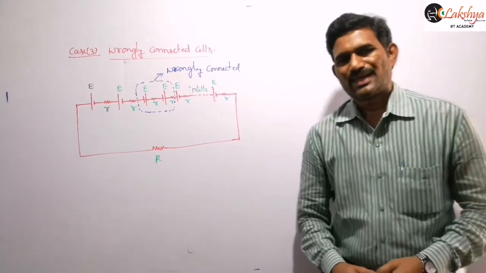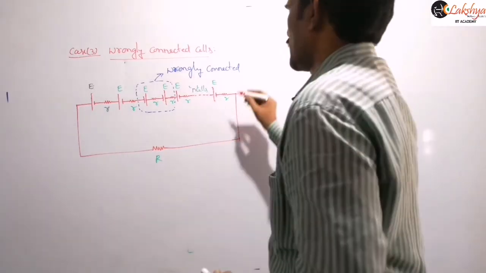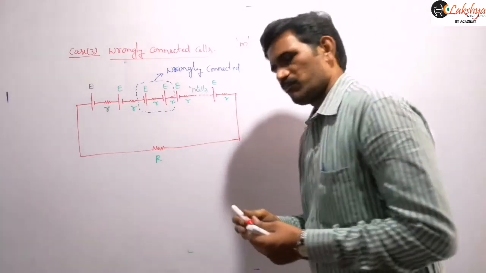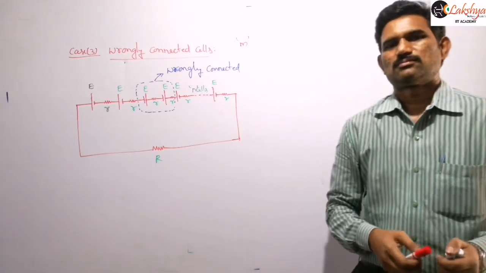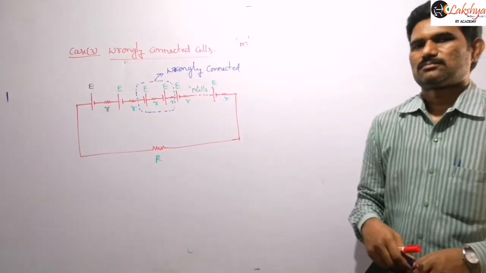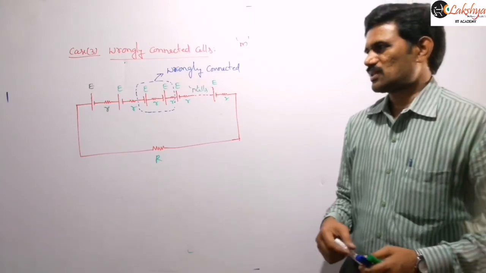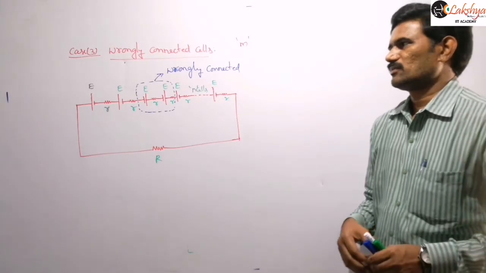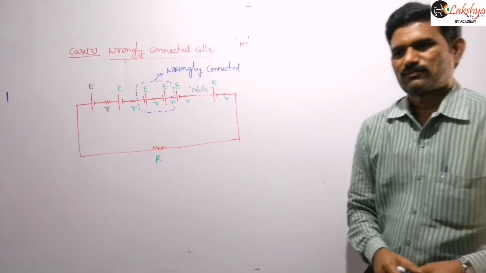Out of n cells, m cells are connected wrongly, and this combination is connected to the external resistance R.